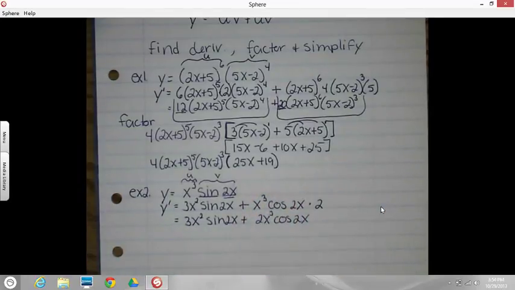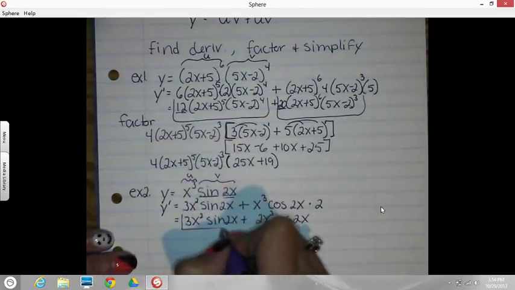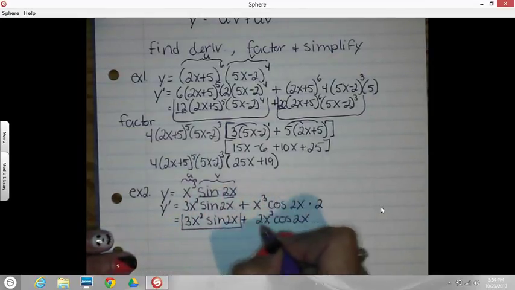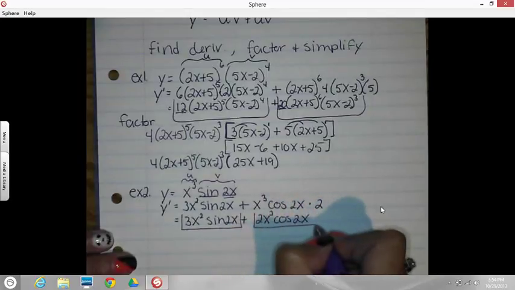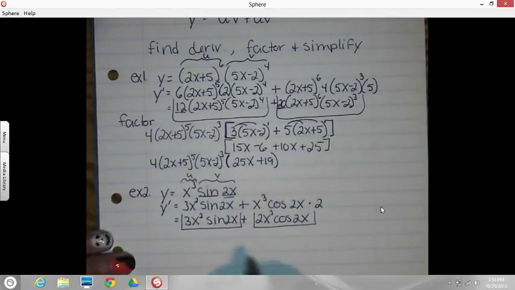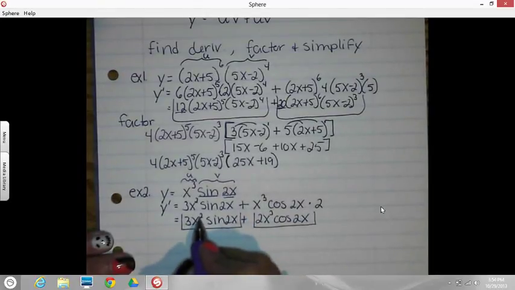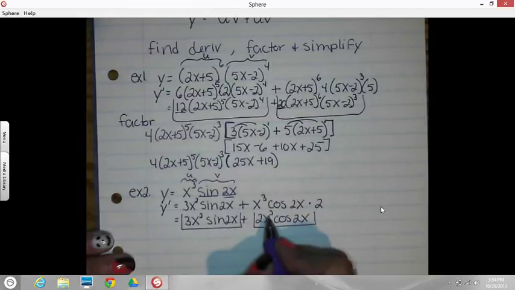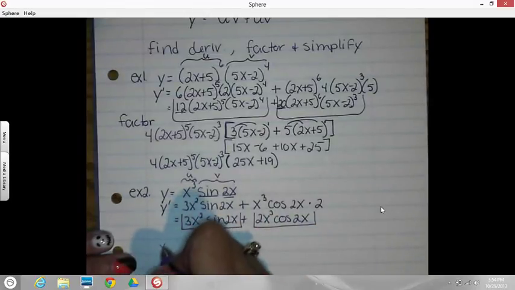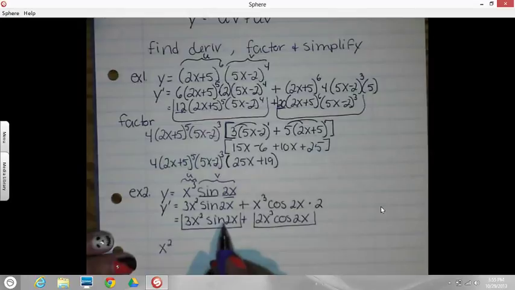If we do the factoring, we have two baskets. Baskets are separated by the big add sign. So inside, I've got a 3 and a 2. Nothing there. I've got an x squared, that's 2 x's. Here I've got an x cubed, that's 3 of them. So I can take out an x squared. And I've got a sine 2x and a cosine 2x. Can't do anything there.